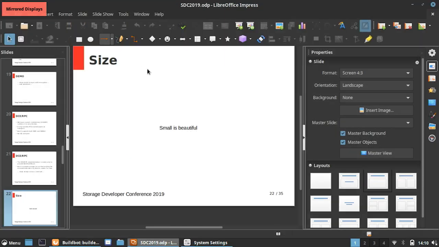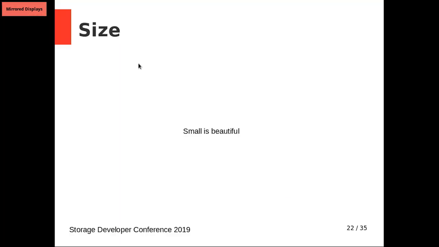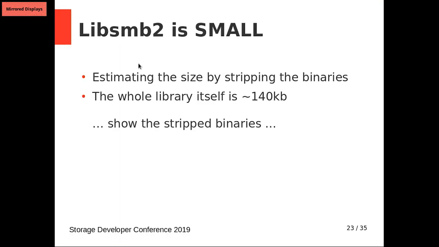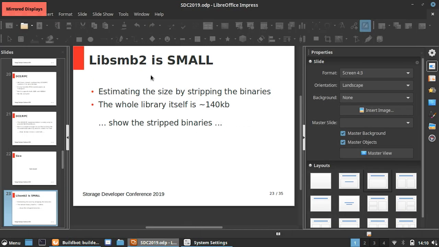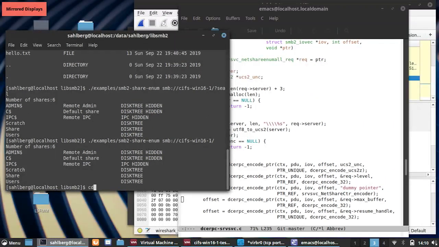Size. Okay, I think this could work. Small is beautiful. Libsmb2 is small. This is wrong. When I did this, I forgot to compile with -Os. I compiled with -O2. It's actually about 124 kilobytes, the full library. So we can have a look at them.